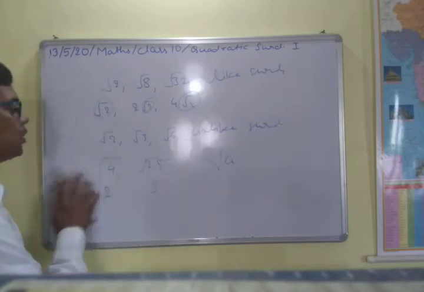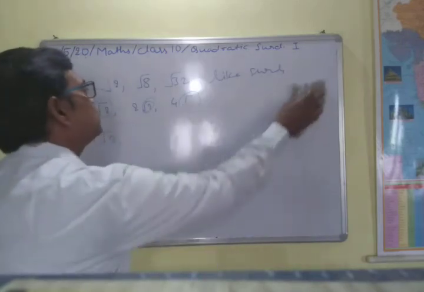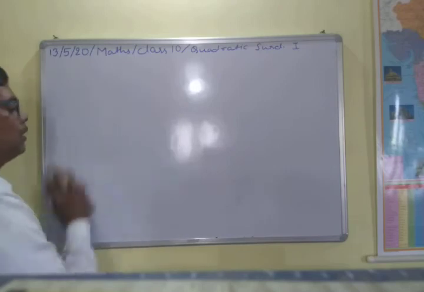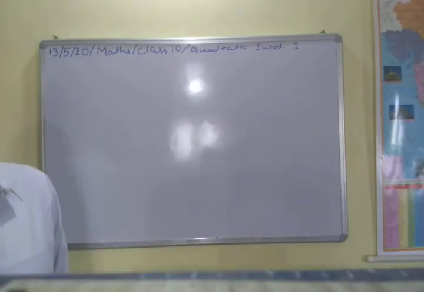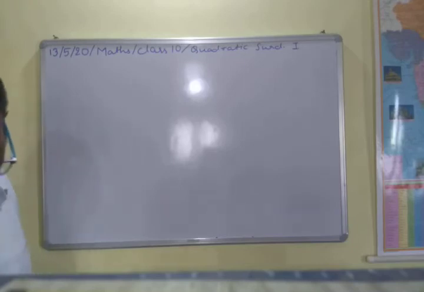I explained the meaning of pure surds, mixed surds, like surds and unlike surds. So these are the topics, and then you have some formulas also.